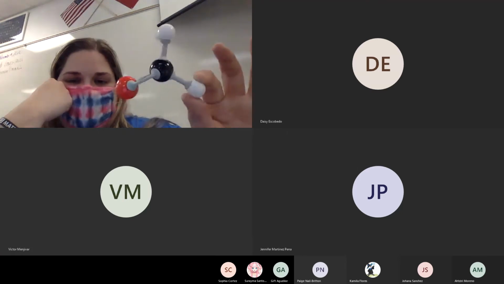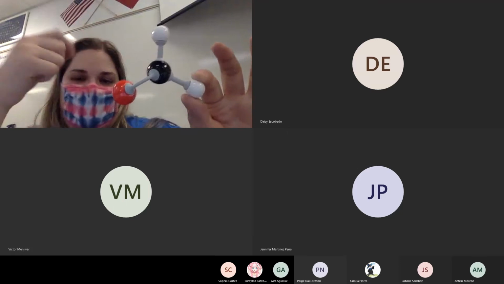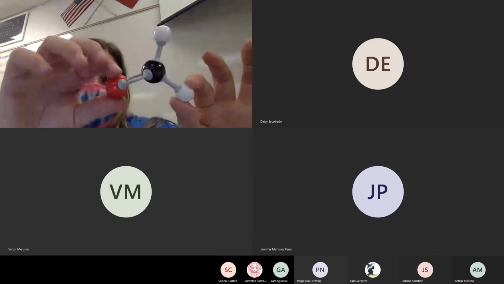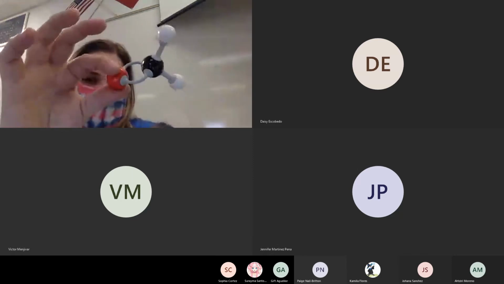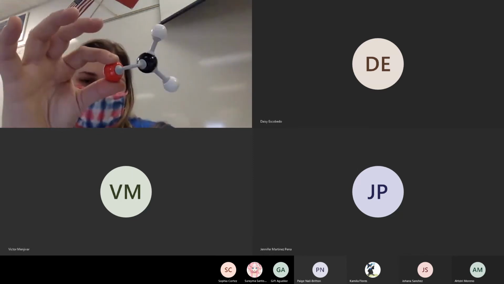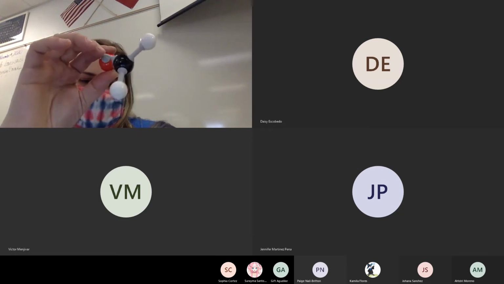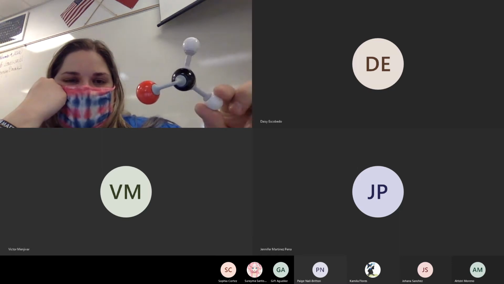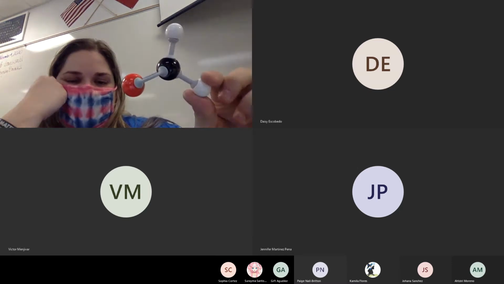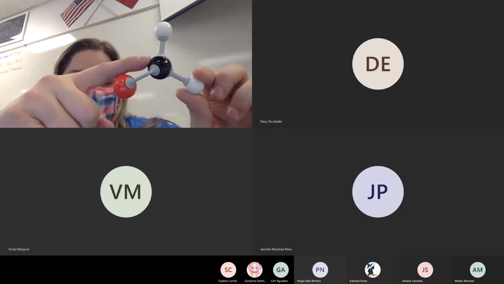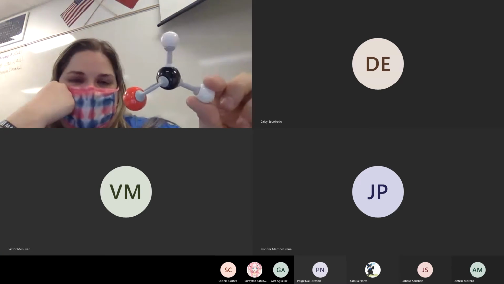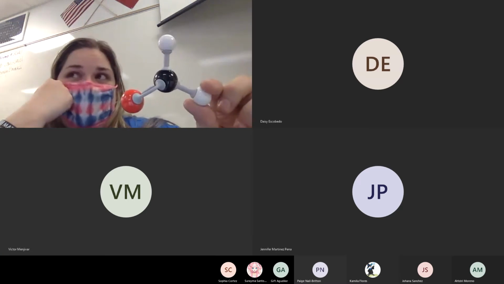Victor, can you tell us how many atoms are bonded to this one in the center? You can type in the chat if you don't want to unmute. No, we get silence. Daisy, how about you? Can you tell us how many atoms are bonded to the one in the center? I think everybody at home is not here.